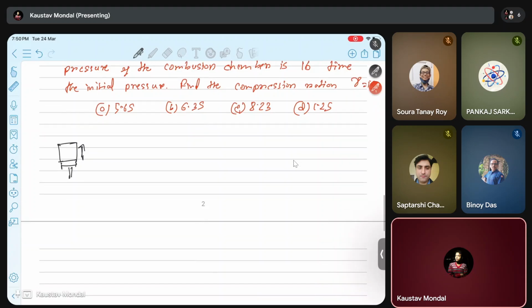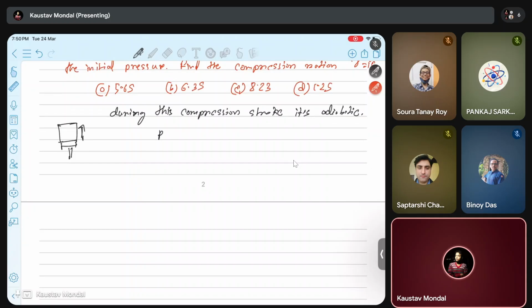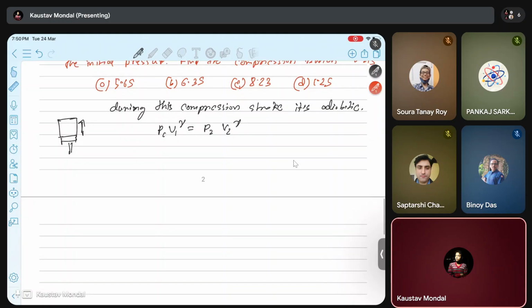So the initial and final pressure and volume will be related by this equation, right? During this compression stroke, it's adiabatic, so the relation of pressure and volume will follow P1 V1 to the power gamma equal to P2 V2 to the power gamma. So P2, that is the P final, by P1 would be V1 by V2 to the power gamma.